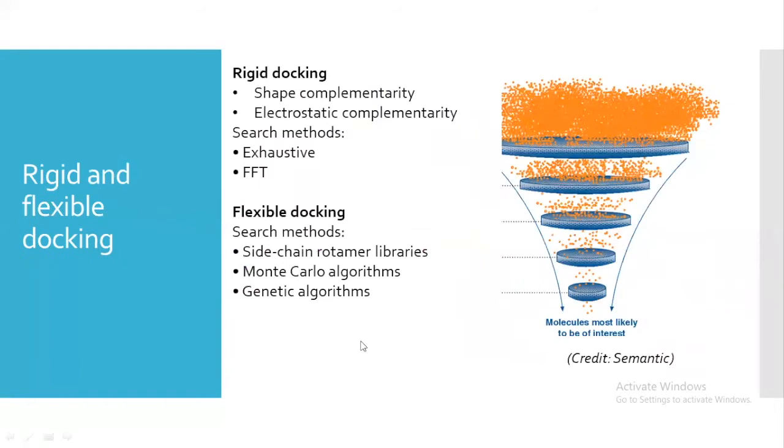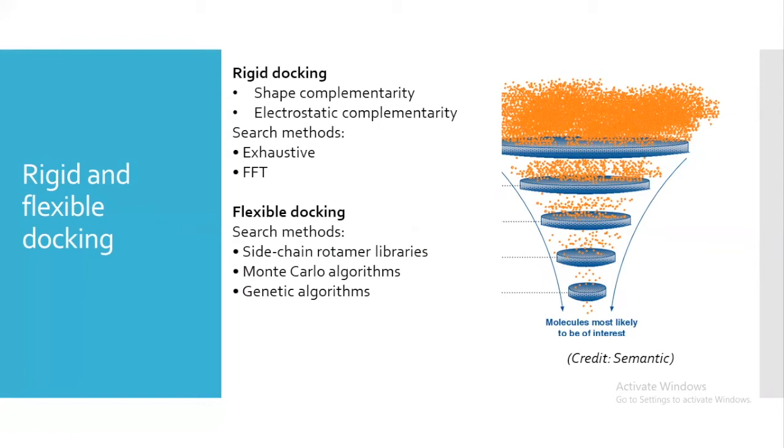The next thing is rigid and flexible docking. So what is rigid docking and flexible docking? Rigid docking is what happens when the protein is very stable, okay, and the ligand comes and binds to the protein, but the protein doesn't change its conformation. What happens in flexible docking?